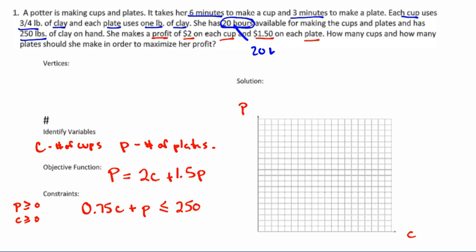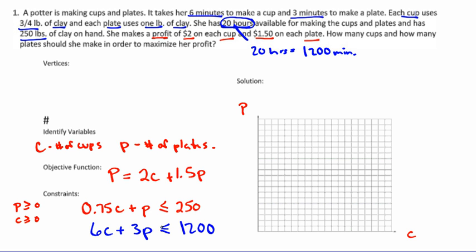So 20 hours, there's 60 minutes in an hour, so 1,200 minutes. That's the maximum amount of time that we can use. And how do we use all of our time? 6 minutes for a cup plus 3 minutes for a plate has to be less than or equal to 1,200 minutes total.